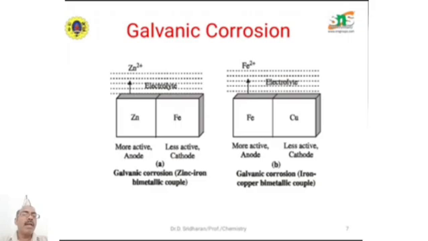In the zinc and iron dissimilar metals, zinc behaves as an anode and iron acts as a cathode because of the more active and less active nature. Another example, Fe and copper: Fe is more active than copper, so Fe acts as an anode and copper acts as a cathode.